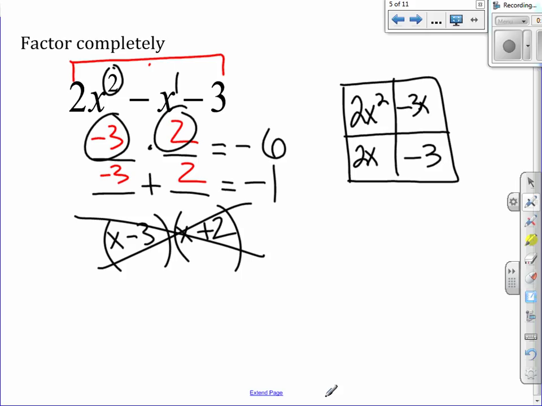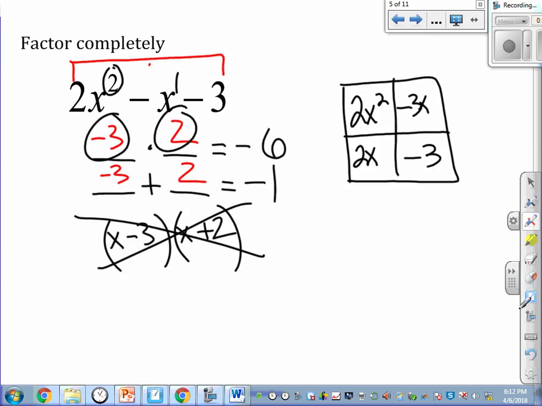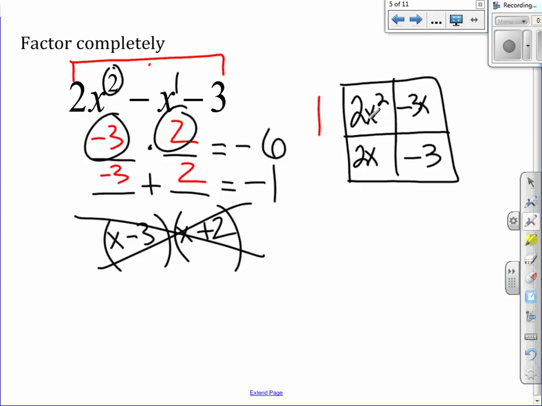Now, factoring out GCFs, very important that we can do that. We're going to ignore the bottom row for now. We're going to focus on the top row, going left to right. What's the biggest number that goes into 2 and 3? 1, right? How many X's do these 2 boxes have in common?